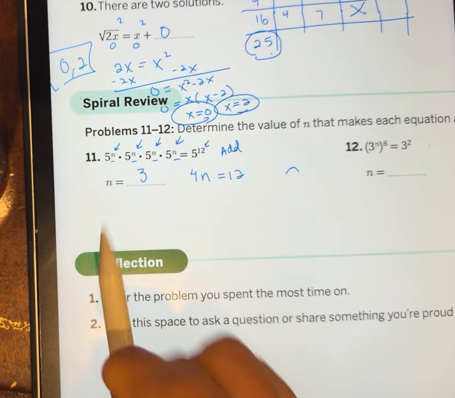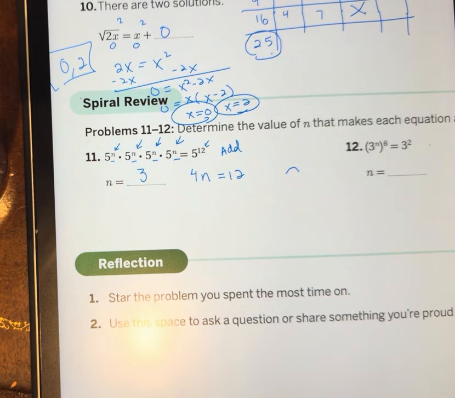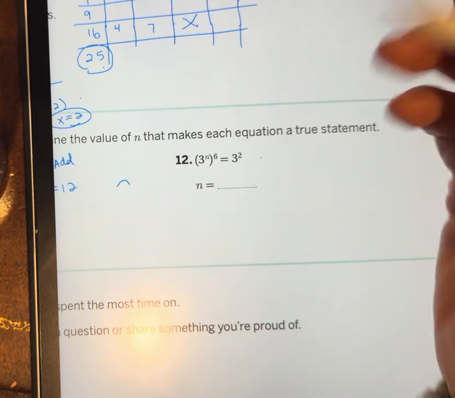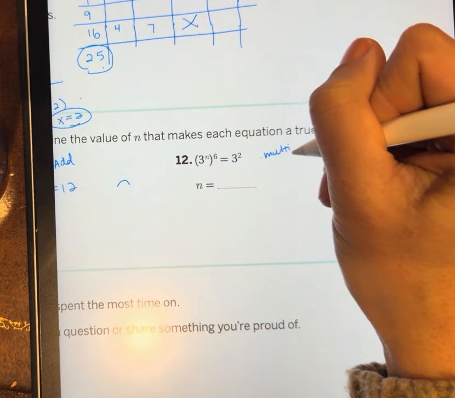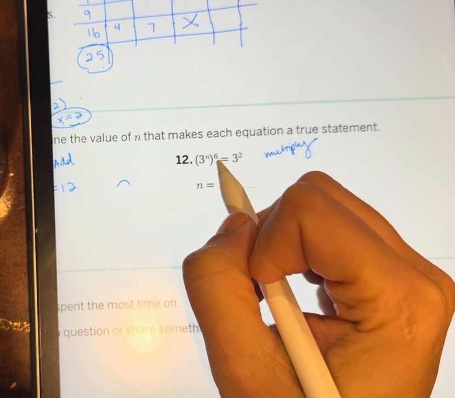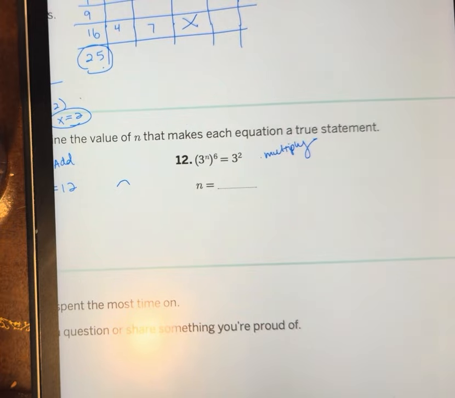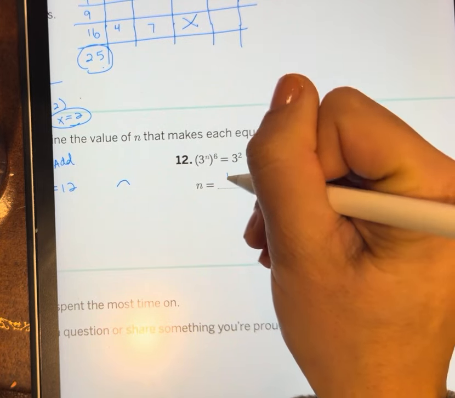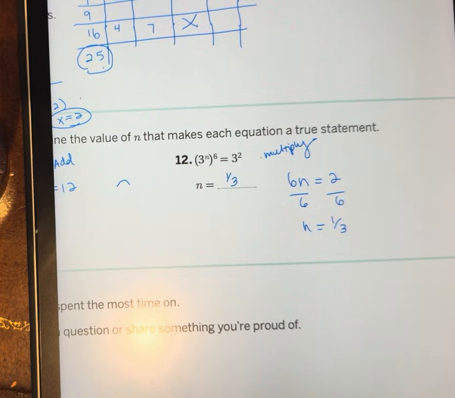So that's 3. 3 plus 3 plus 3 plus 3 is 12. Okay? And then over here we have a power to a power. When that happens, we multiply. So the question is, what number times 6 equals 2. Divide by 6, divide by 6. N equals 1/3. Okay? Oh man.